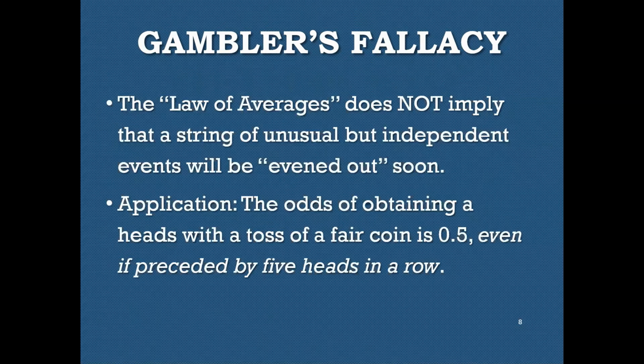It's 0.5. It's the same as always. It doesn't matter what's happened prior. If you had 5 tails in a row or 5 heads in a row, it doesn't matter what those first 5 outcomes were. The probability of getting a heads on the 6th toss is 0.5.